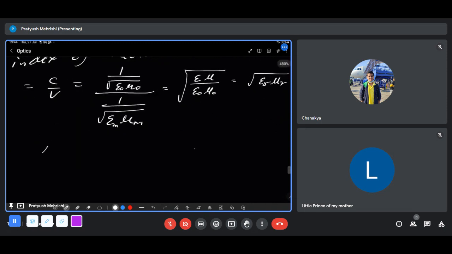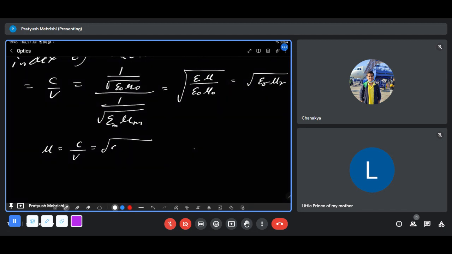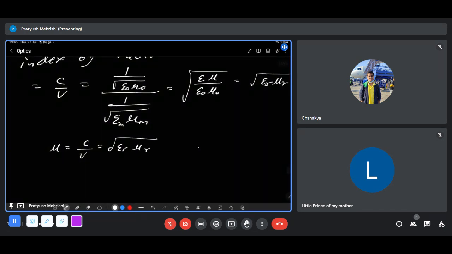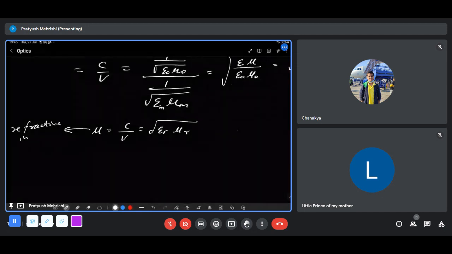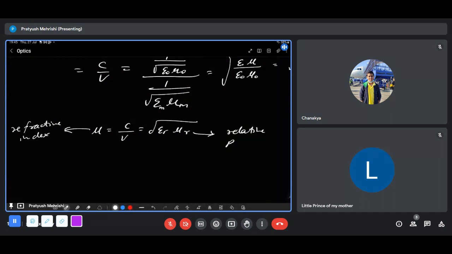It means mu equals C by V equals root of epsilon r mu r. This mu is the refractive index, but mu r is the relative permeability and epsilon r is the relative permittivity.